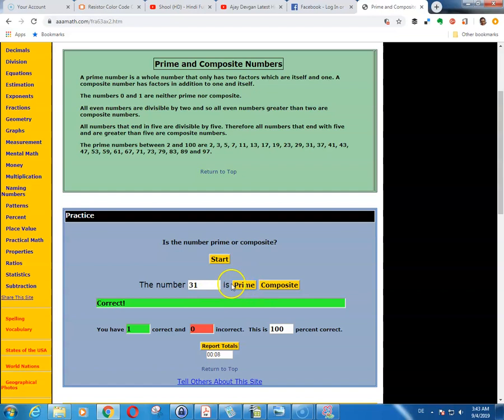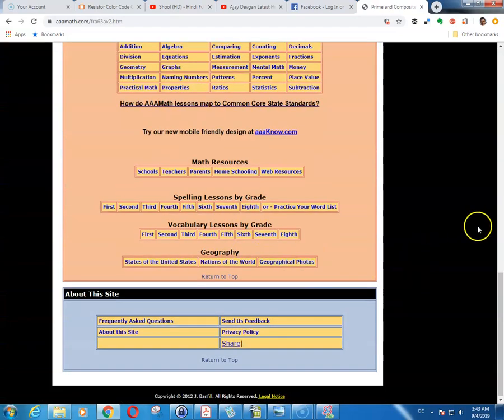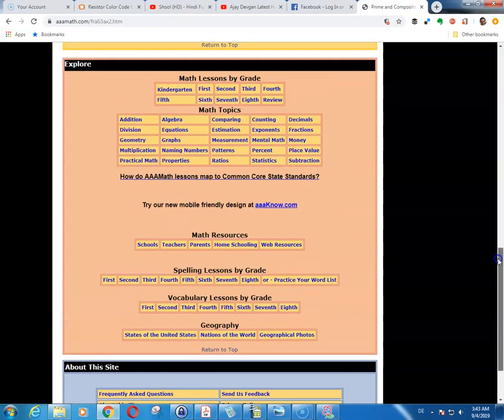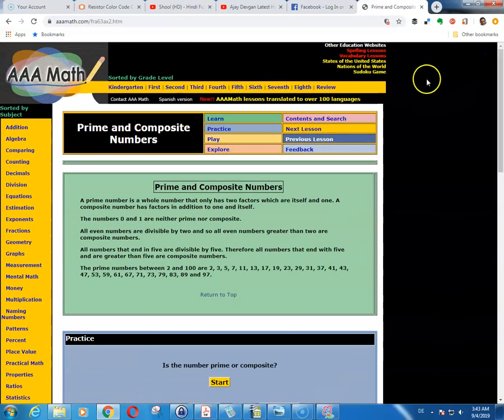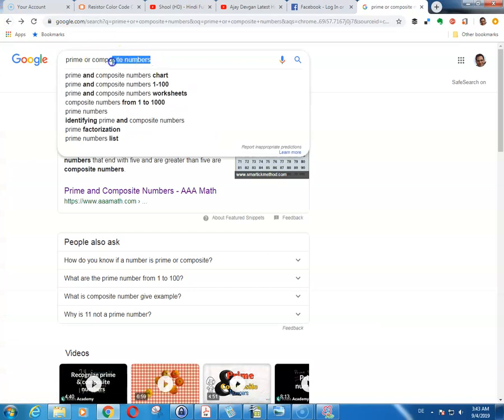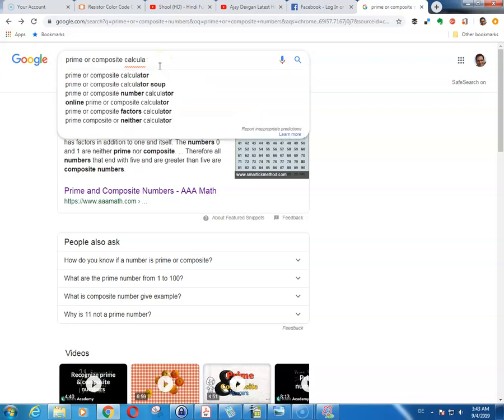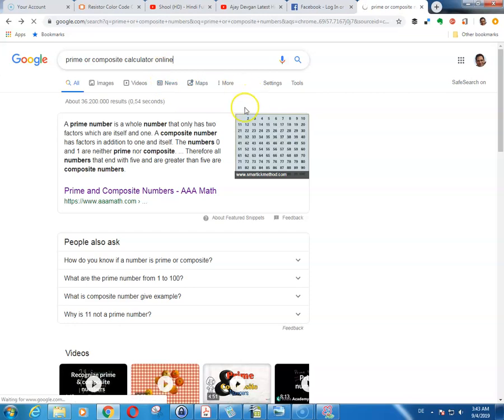It is a prime number. This is actually not a very helpful website, actually. There was a prime composite calculator online, something like that.